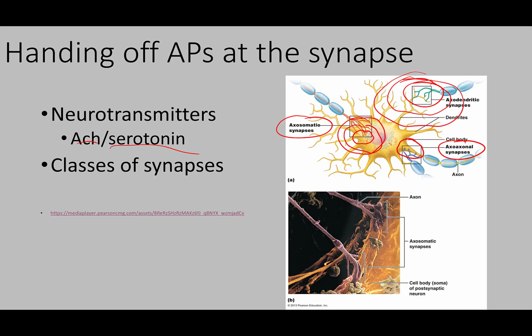How might that happen? Well, if we get a big enough graded potential that it causes the axon hillock to reach threshold, an action potential is generated and it travels the length of the axon.